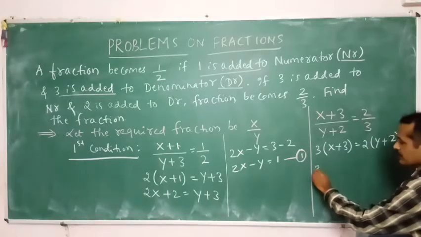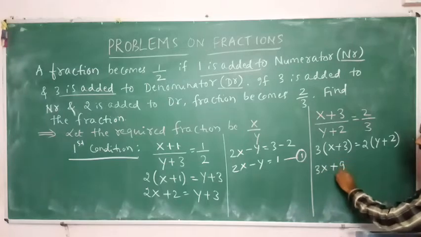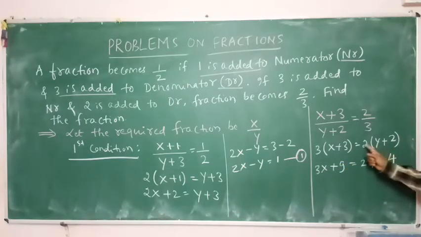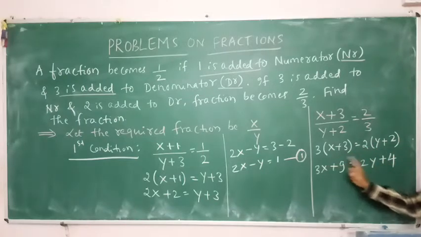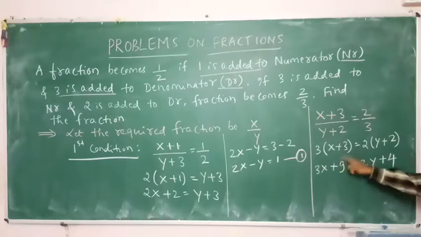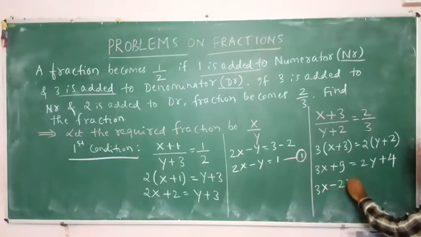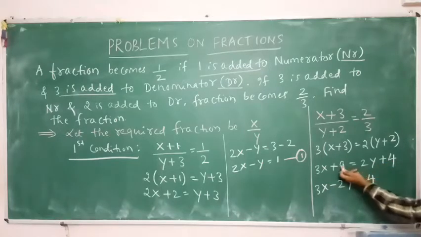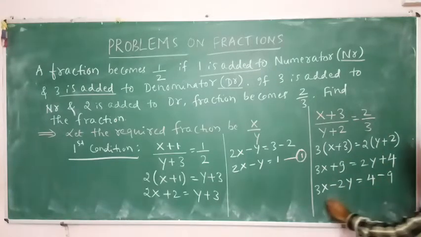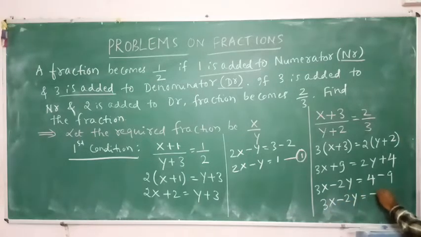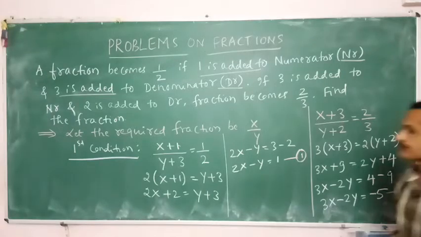Open the bracket: 3x plus 9 is equal to 2y plus 4. Let me take the 2y to the LHS and 9 to the RHS: 3x minus 2y is equal to 4 minus 9, which is minus 5. Let me call it equation number 2.